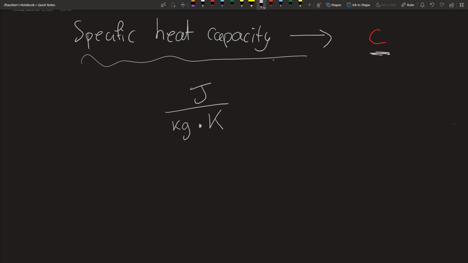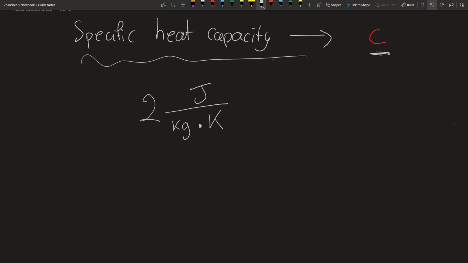If c is equal to 1 joule per kilogram Kelvin, it means I need 1 joule to raise 1 kilogram by 1 Kelvin. And if we have, for example, 2 joules, I need 2 joules to raise 1 kilogram by 1 Kelvin, okay?